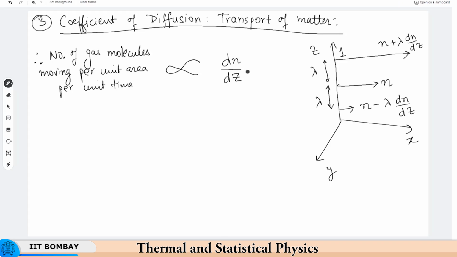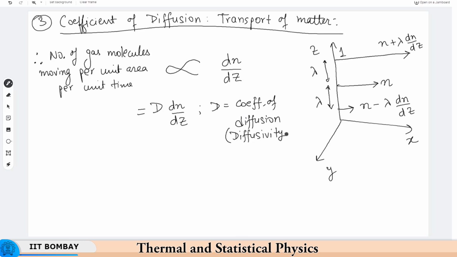And to remove this proportionality sign, we can just define it as D times dn by dz, where D is the coefficient of diffusion, also known as diffusivity, or simply the diffusion coefficient.